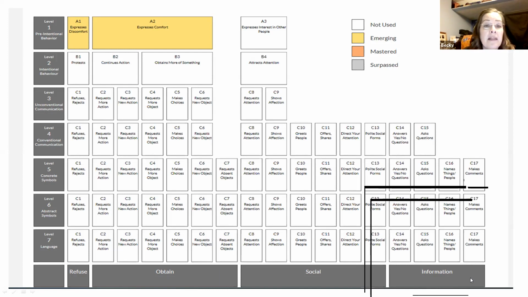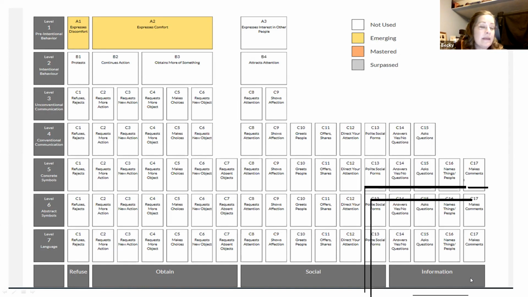When we think about level 4, we're thinking about conventional communication. And it's still pre-symbolic, and we're still using intentional communication. But these behaviors are considered to be socially appropriate as the child gets older.